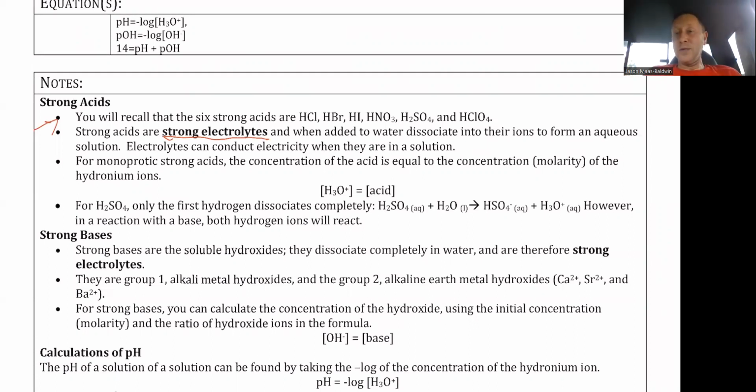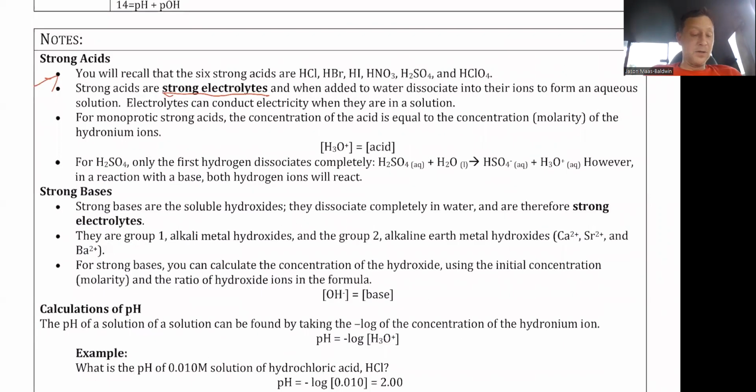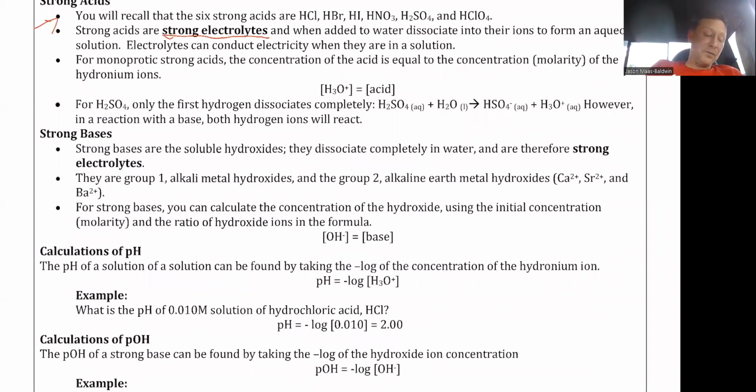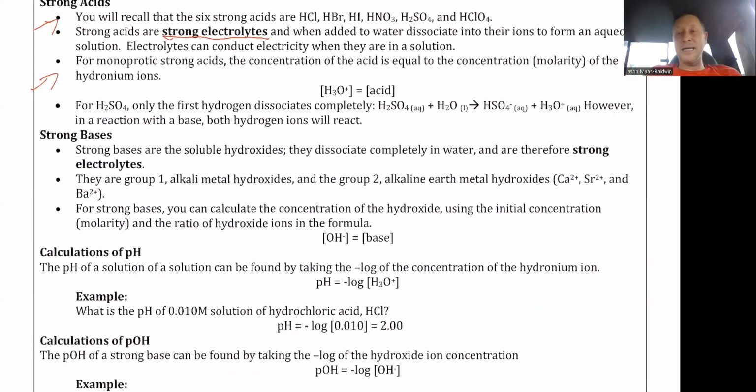That means when you add them to solution, since they dissociate into ions, they conduct electricity in the aqueous form. And then we're also reminded that for strong acids, the concentration of the acid is equal to the concentration of the hydronium ions. And that also for H2SO4, it's only strong with respect to the first proton coming off.